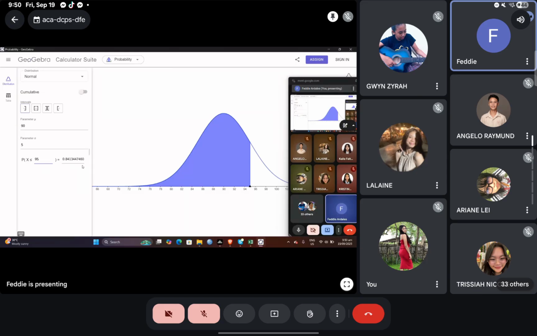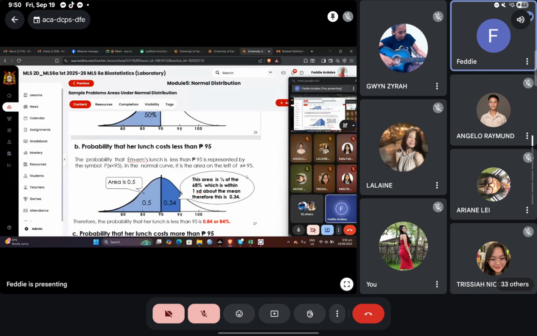0.8413. Approximately, the area is 0.8413. Now, if we analyze MM's lunch being less than 95, we know from the first example that less than 90 comprises 50% of the area.